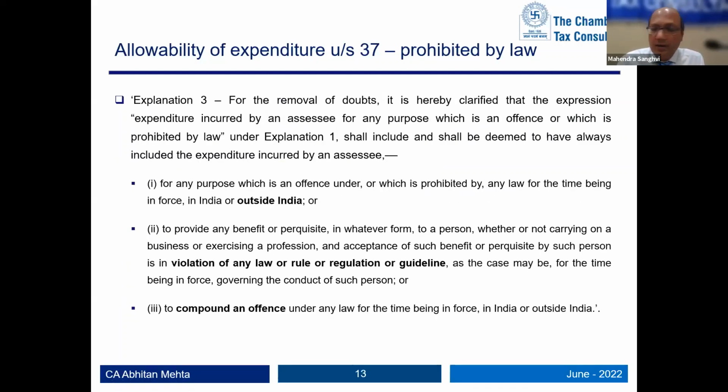Here, friends, the wordings used are "for any purpose which is an offense under or which is prohibited by any law." First of all, it is Explanation 3 which has been introduced, and they are trying to increase the scope of the section. They're trying to explain what you would mean by an offense or which is prohibited by law. So first it is saying any law.